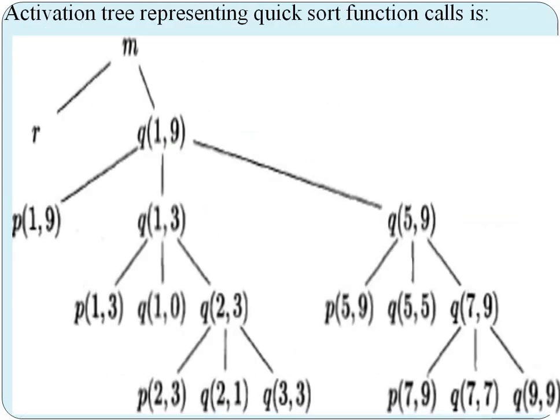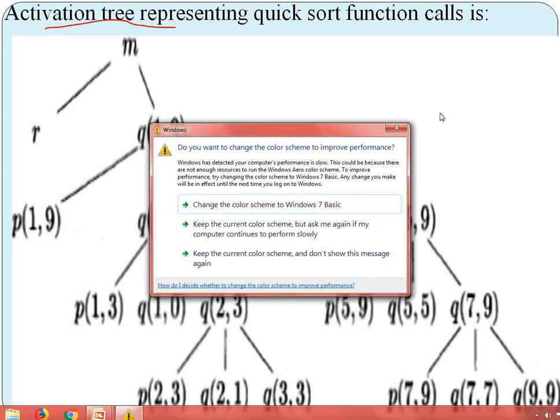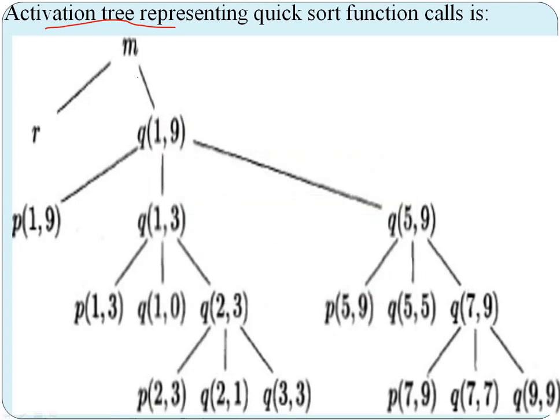See here, the activation tree represents how the function calls are made, which function called which one during program execution. First of all, the main function calls the read function. After that, it calls the quicksort function with parameters 1 comma 9. After that, it calls the partition function p of 1 comma 9, and then calls quicksort with 1 comma 3. After that, it calls quicksort 5 comma 9.